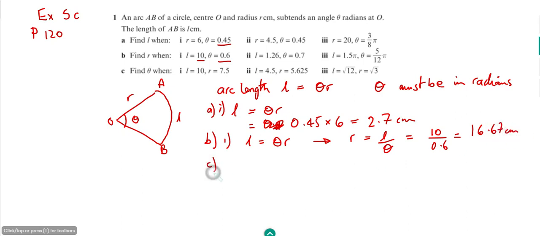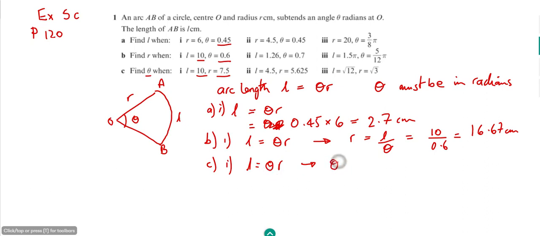If we're looking at C, now we're looking for the angle, theta. So I'm going to do C1. In this case, we've got L is equal to 10 centimeters and r is equal to 7.5. We'll start with our formula again, L is equal to theta r, but we're going to rearrange that so that we've got theta as the subject.